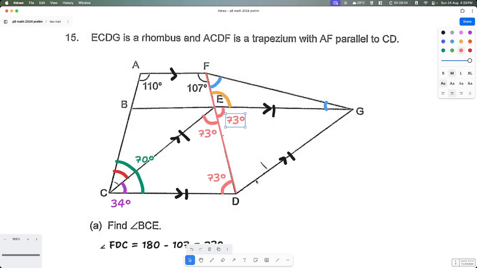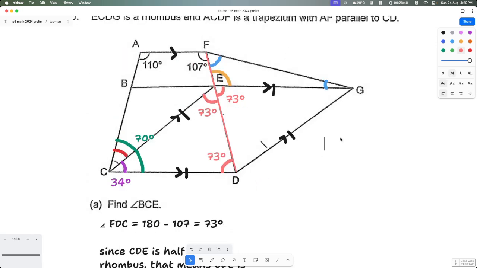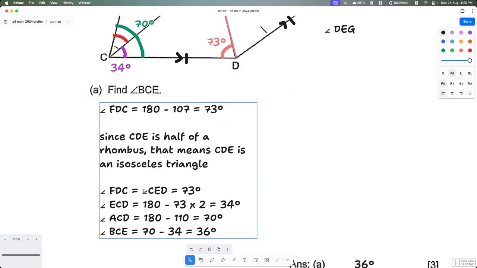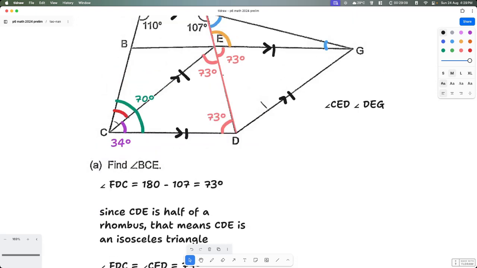So in this case over here, we can write this down, right? Angle CED is equal to angle DEG, which is equal to 73 degrees.